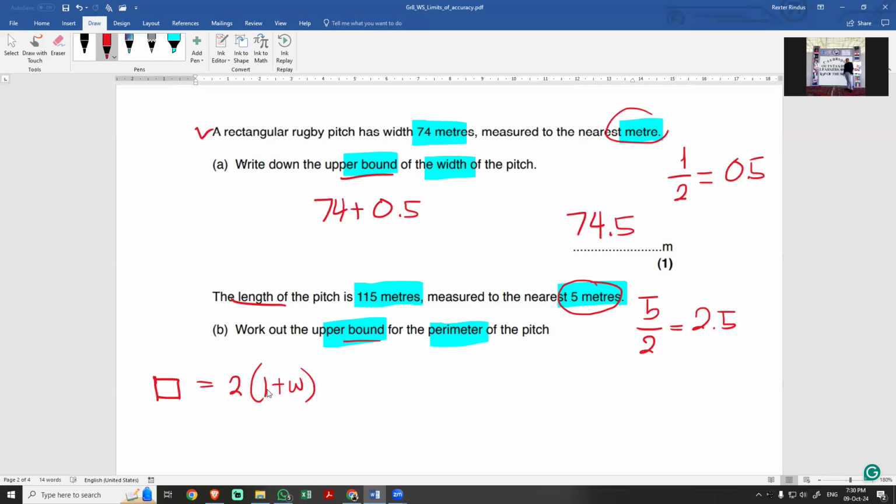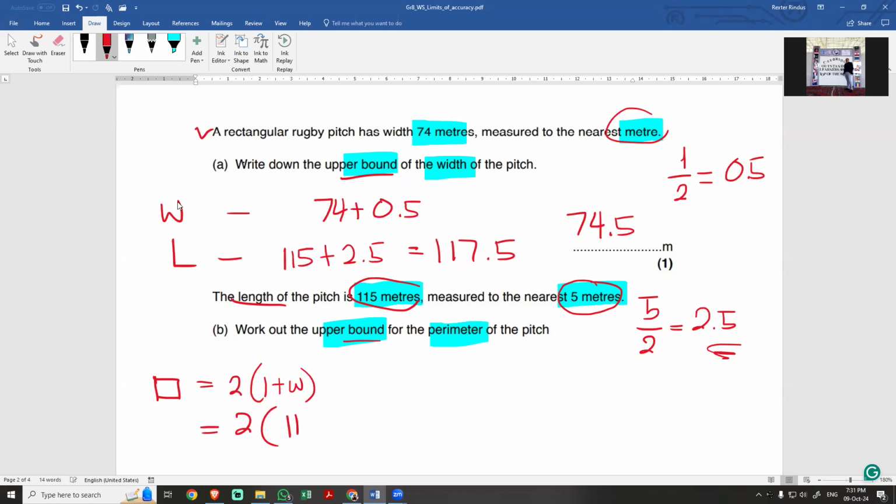So we need to get this value of the upper bound. It's going to be 115 plus 2.5, taken from here, so your answer would be 117.5. Now we can solve the problem by replacing the value. This is your width. This is your length. To do that, just substitute the value.